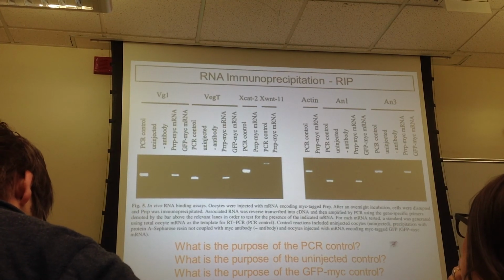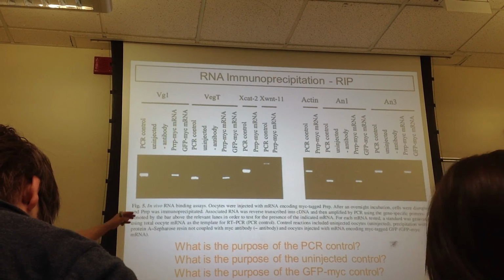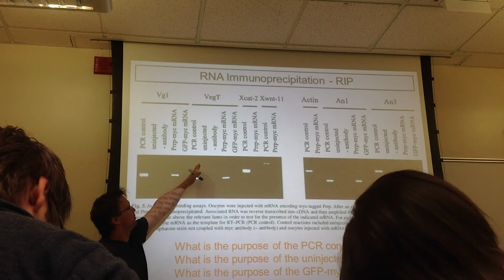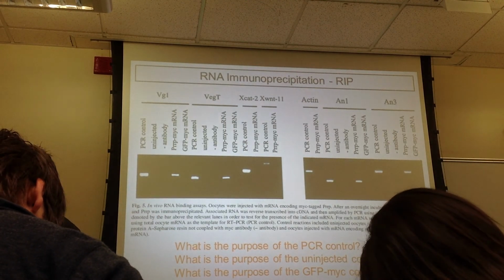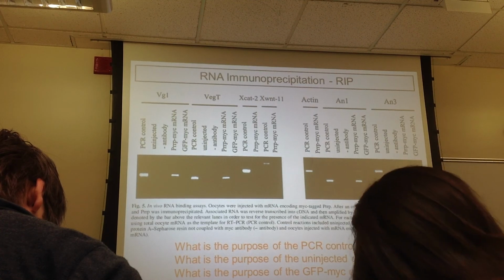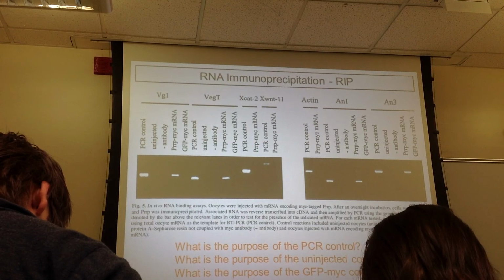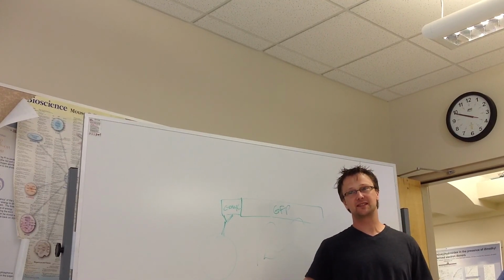You guys understand the purpose of this? Okay. Instead of having our protein that we think binds this RNA, we replace it with some protein that definitely does not bind to RNA at all. GFP is green fluorescent protein. It does not bind to RNA. And so if we replace the PRRP with GFP, it doesn't bind the RNA, and then we do this whole immunoprecipitation process.